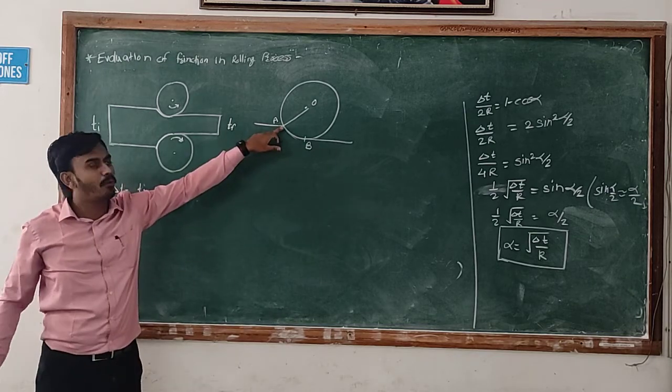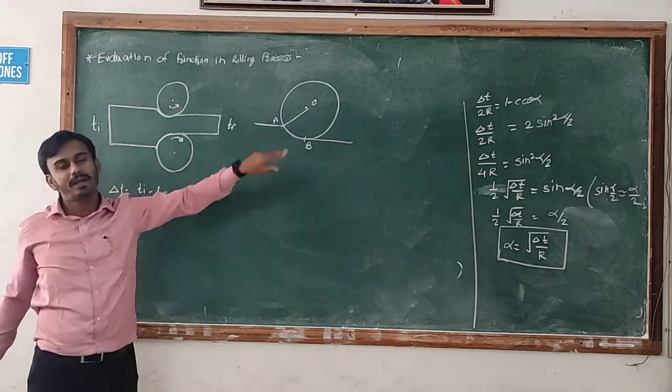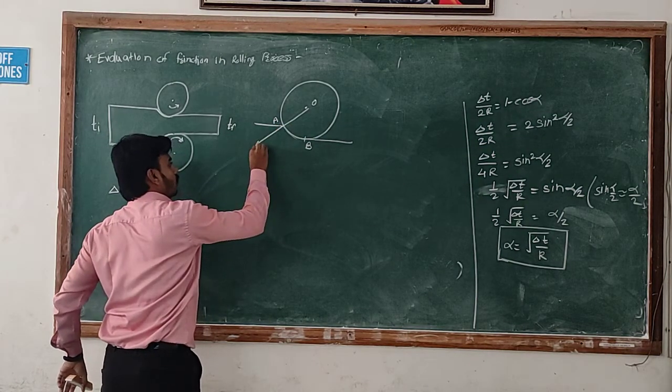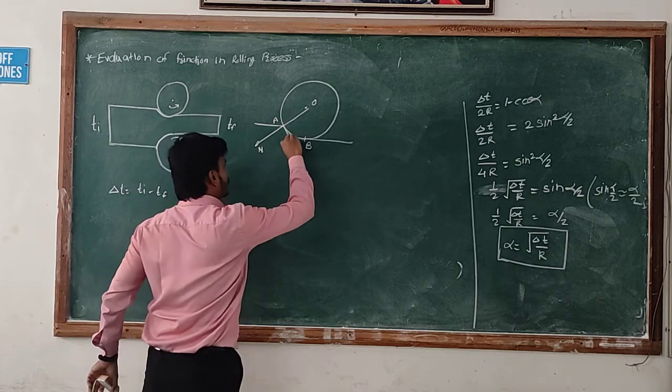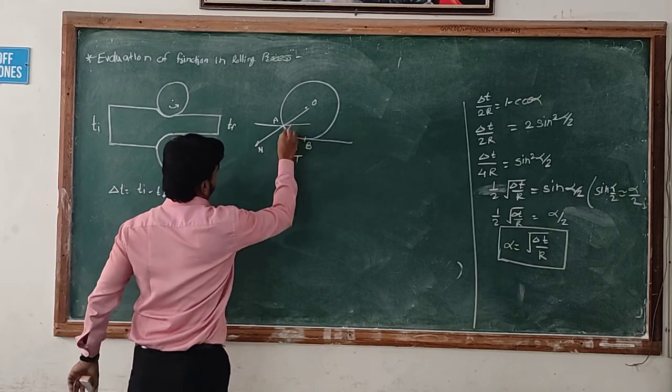At point A, two forces act on this material by the roller. One force is the normal force, and the other is the tangential force, and here is angle alpha.